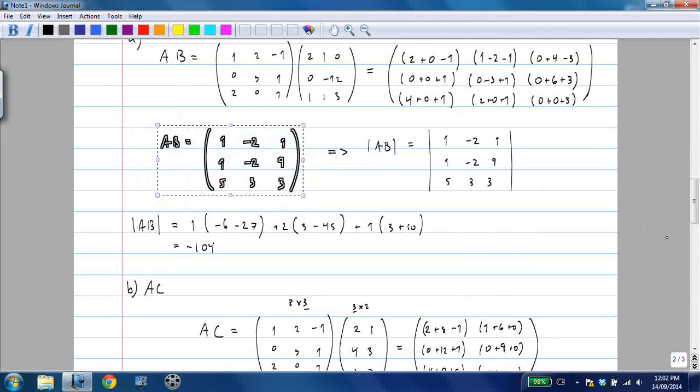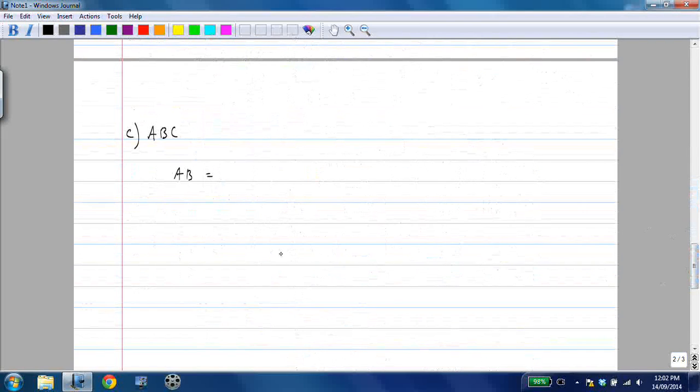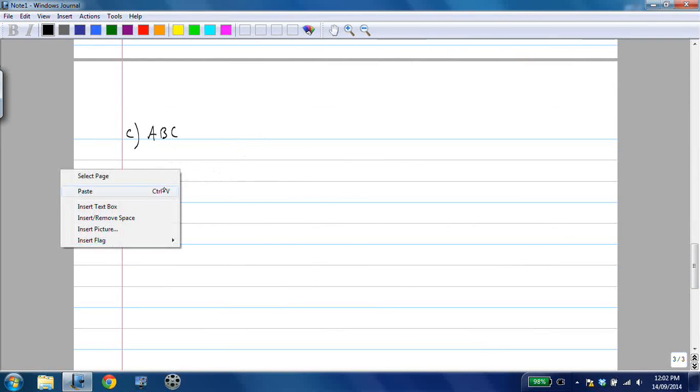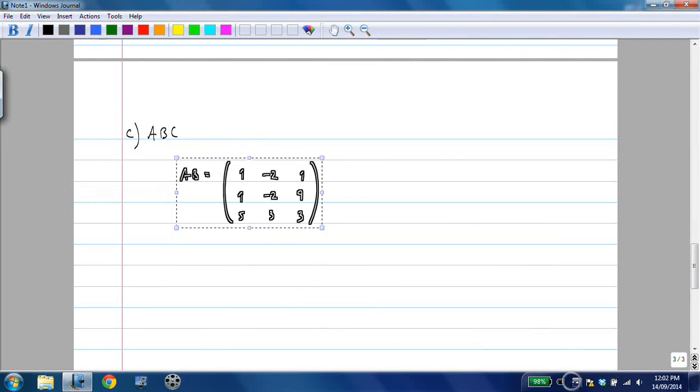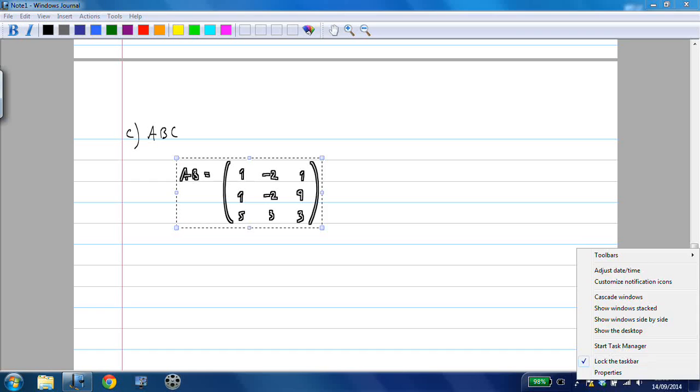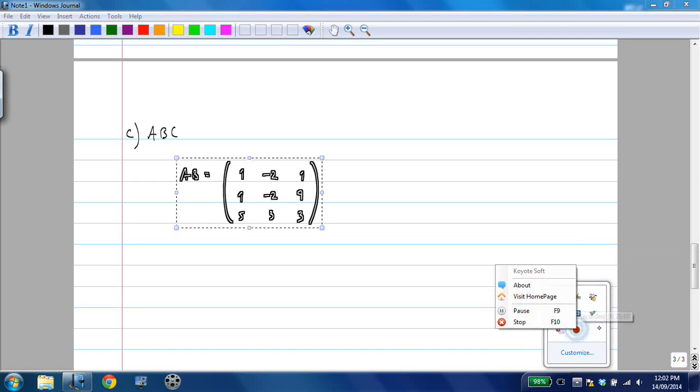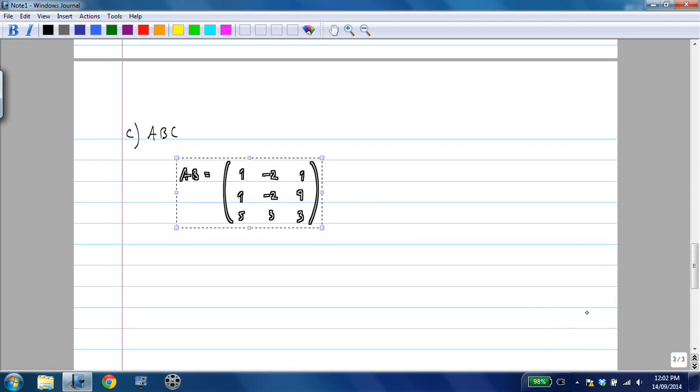So I'll copy that. And then multiply that by C. So we've already found AB, we know it's this. So ABC then is just this matrix here.